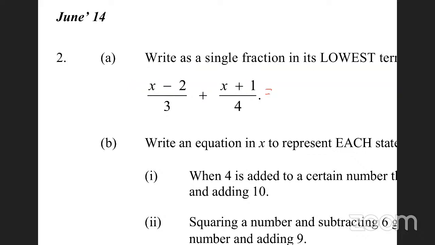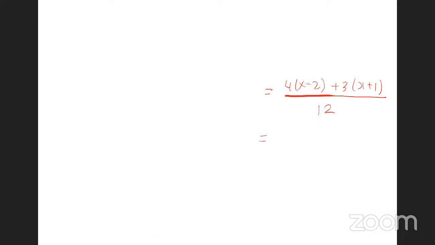All right, so let's see what you got. So it's 3 by 4, that's 12. Then 4 by x minus 2, 3 by x plus 1. That's okay? By just following the rule and then work it out. 4 by x is 4x. 4 by minus 2 is minus 8. Plus 3, remember, is plus 3 by x, plus 3x.